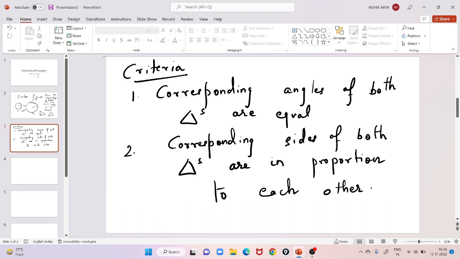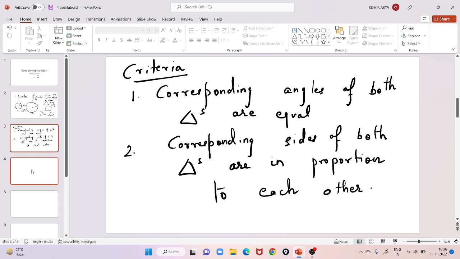So these are the two criteria upon which we can decide that the two triangles are similar to each other. The first one is that corresponding angles should be equal, and the second one is that corresponding sides should be proportional to each other. Now we'll take into account what is the meaning of these two statements.